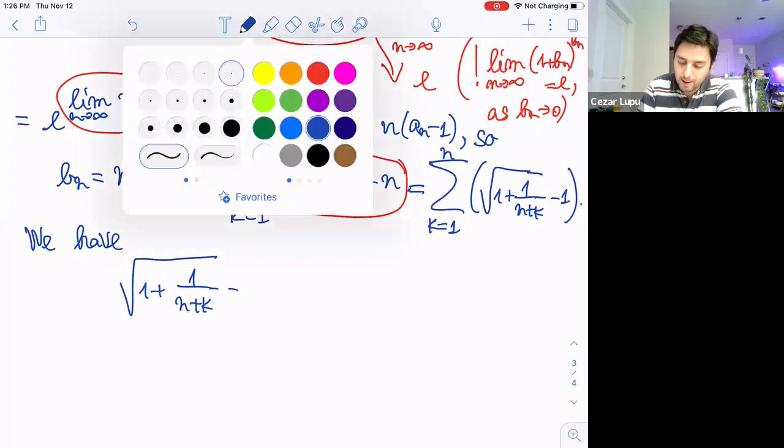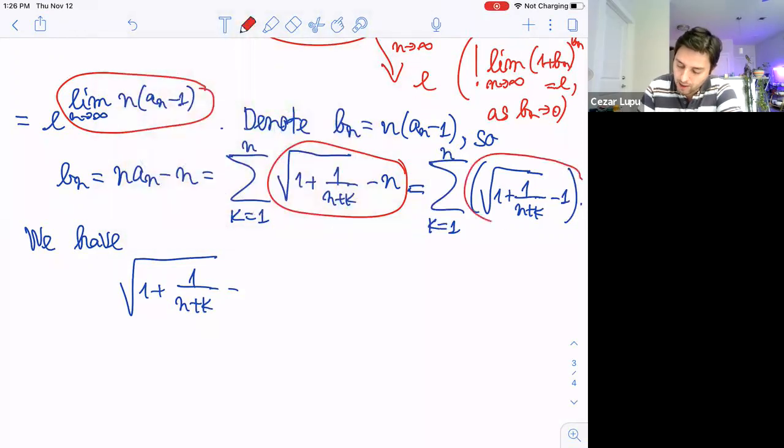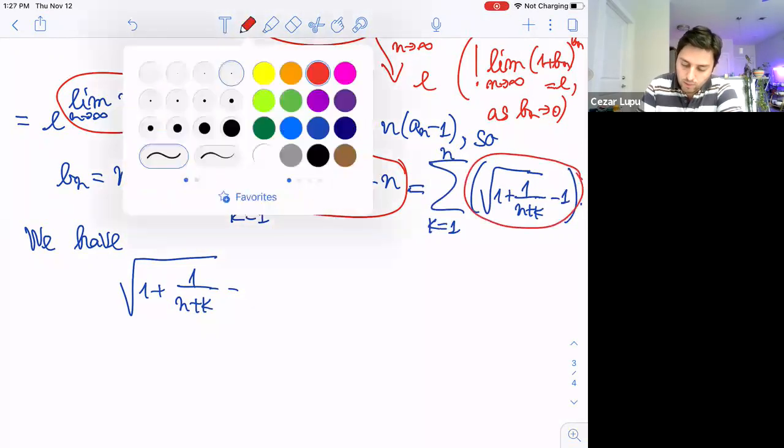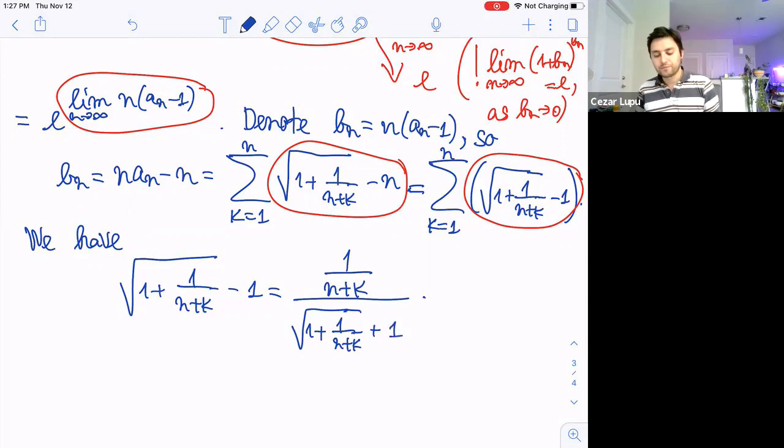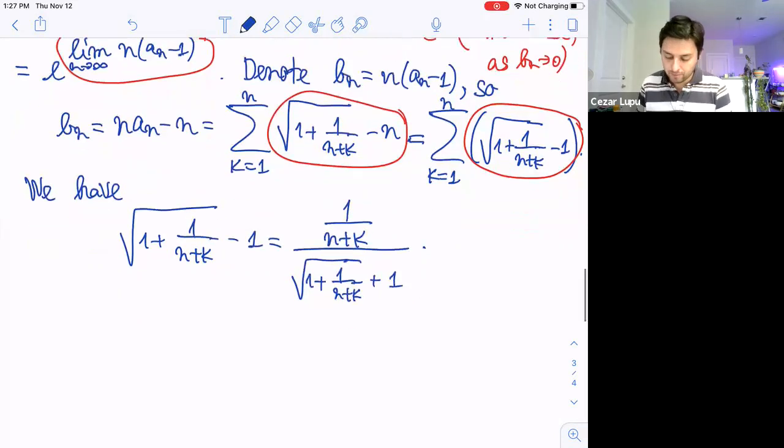So I'm looking at this guy here. When I apply the conjugate, I'll have 1 over n plus k over the square root of 1 plus 1 over n plus k, plus 1. Okay, that's beautiful.